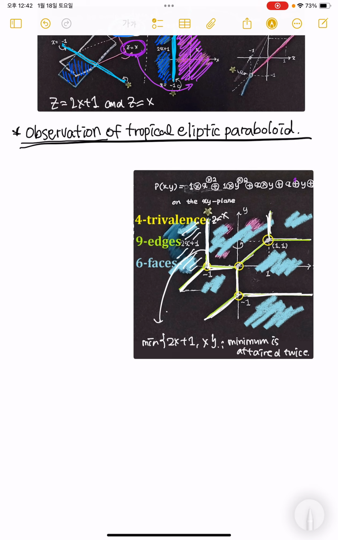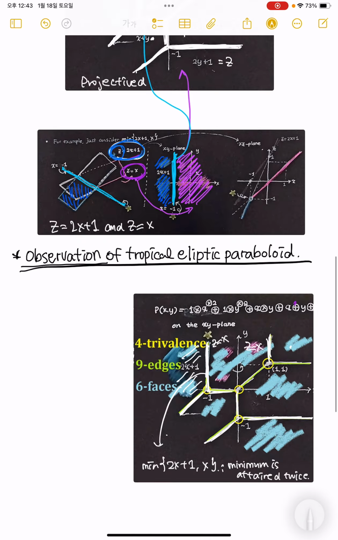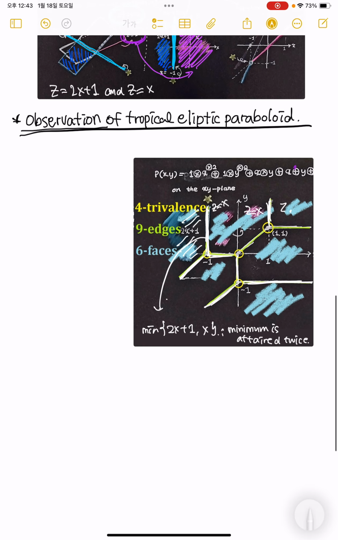That is a minimum of 2x plus 1, the minimum of g is equal to x, but that is also a minimum of g equal to 1. So every intersection line means the minimum is attained twice.